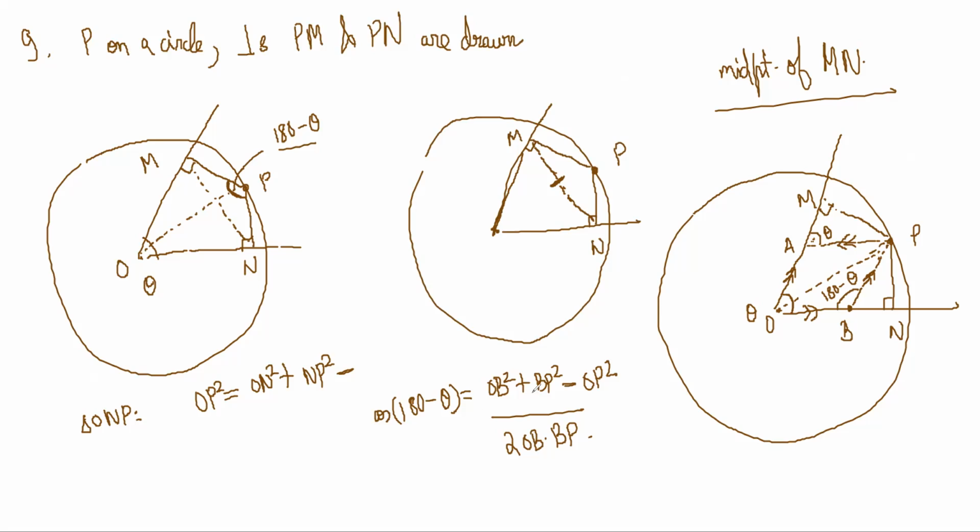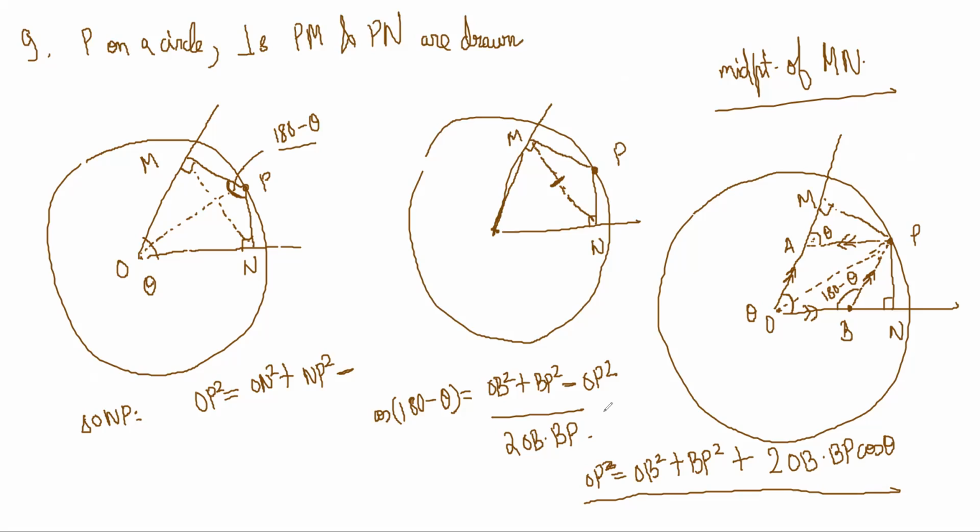So you get minus 2 OB BP cos theta. So you get OP square is equal to OB square plus BP square plus 2 OB into BP cos theta. This goes this side, this comes this side. Correct.